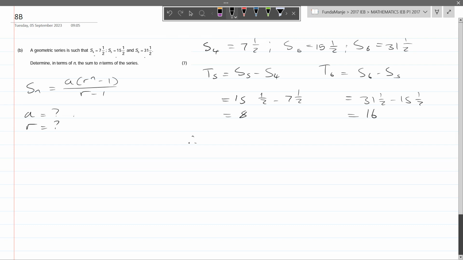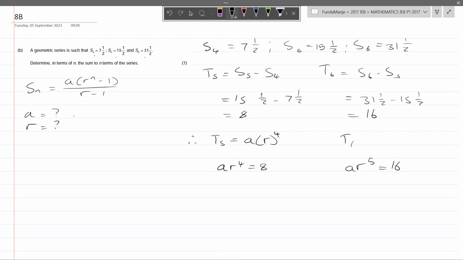We can rewrite this because we know term number 5 is equal to a r to the power of n minus 1. But if n is 5, then it will be to the power of 4. So rewriting this, we have a r to the power of 4 is equal to 8, and a r to the power of 5 is equal to 16, because we can do the same thing for term number 6.